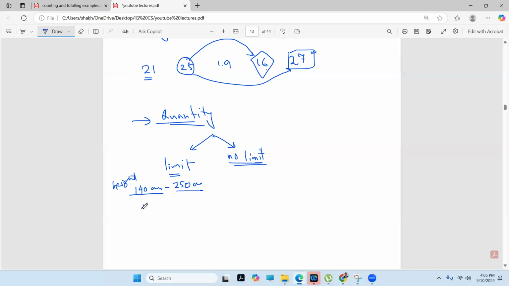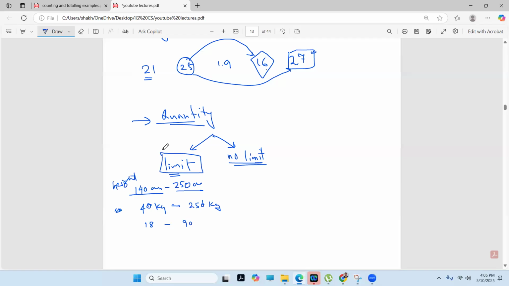Weight of a person: minimum he will be 40 kilograms, maximum he might be 250 kilograms, depending on the height and other things. Age of a person: 18 years old to around 90 years old. For this quantity, we are using common sense.